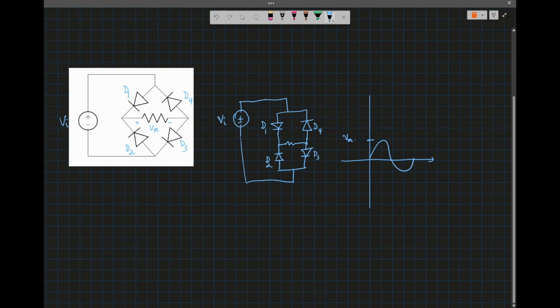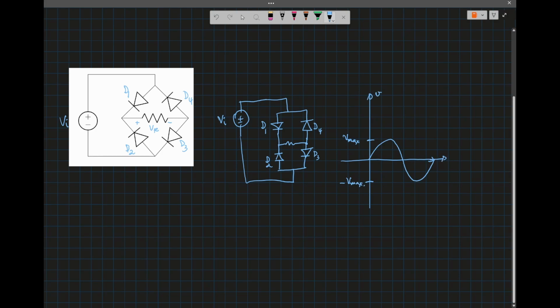This is V max, so minus V max. It's not really symmetrical, but I can draw it a little better, something like that. Minus V max. Okay, so over one cycle.